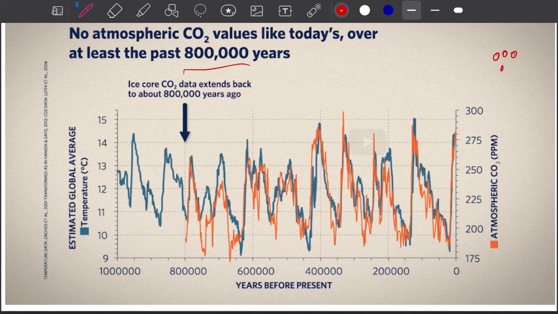Whenever snow deposits over the high latitude, high altitude regions, it carries CO2 molecules along with it. Due to the overlying pressure, the CO2 is entrapped in the snow, and this snow will turn into firn, then finally turn into ice.